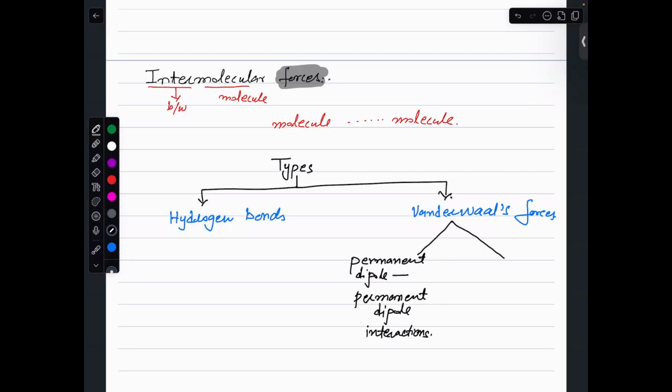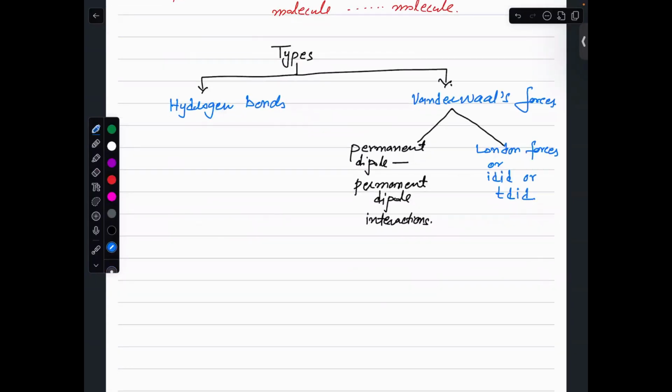And what is the other one? The London forces, or ID-ID or TD-ID. This I'm going to explain. Now, listen.